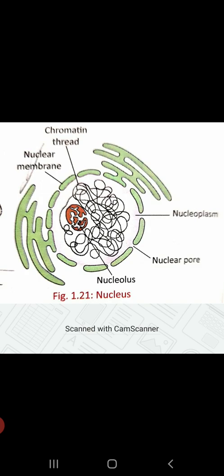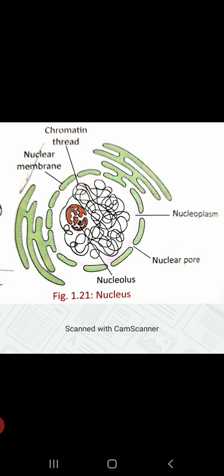Just as the cell membrane was the outer covering of the cell, similarly the nuclear membrane is the outer covering of the nucleus. And being porous, it allows the movement of materials between the cytoplasm and the nucleus. So that's about the nuclear membrane. Followed by the nuclear membrane is the nuclear sap or nucleoplasm, which is the jelly-like fluid present inside the nucleus.